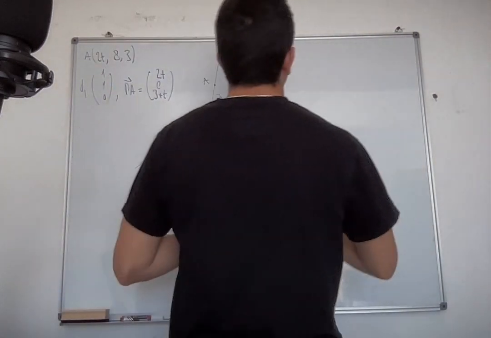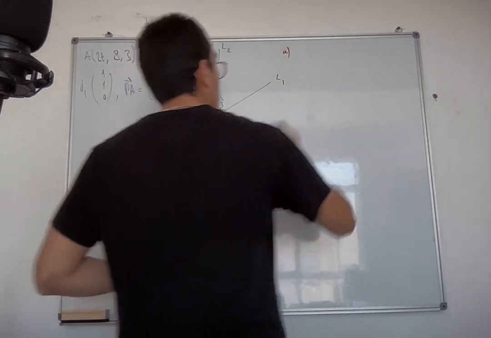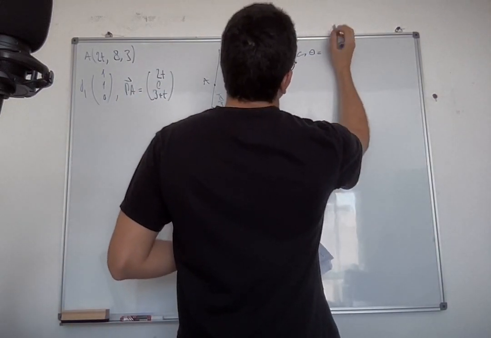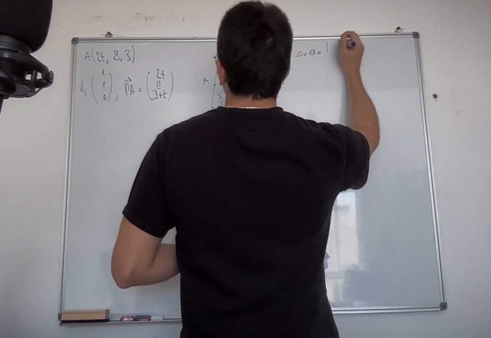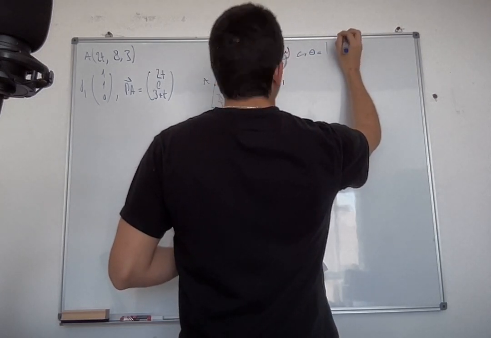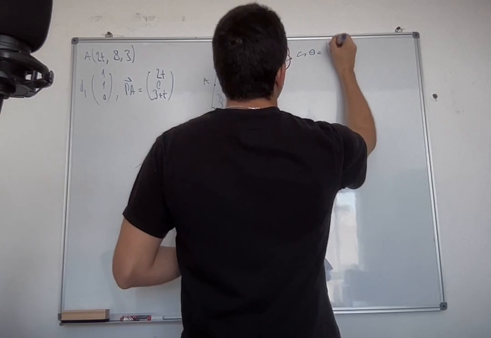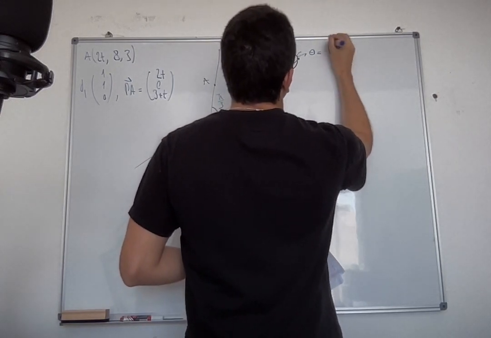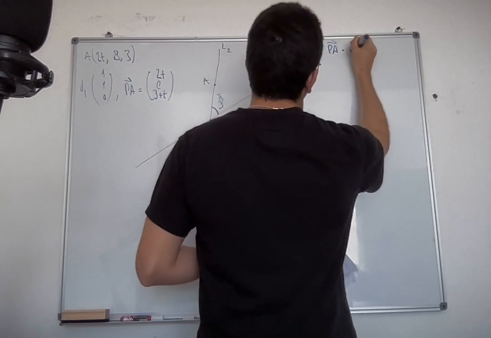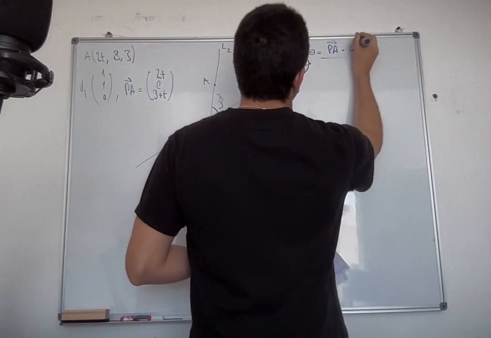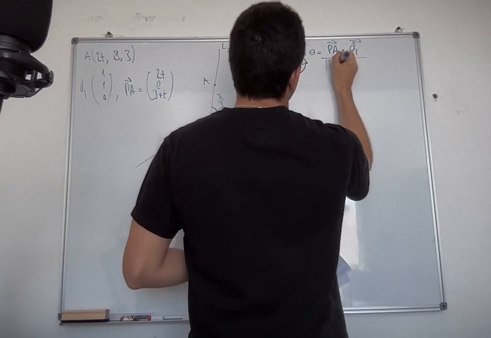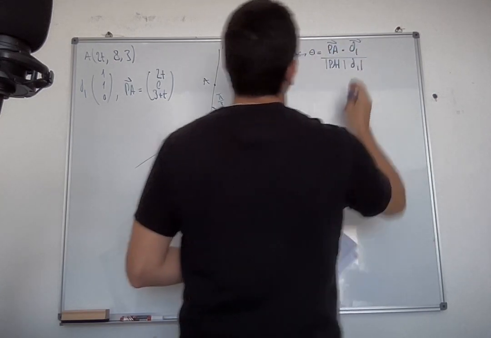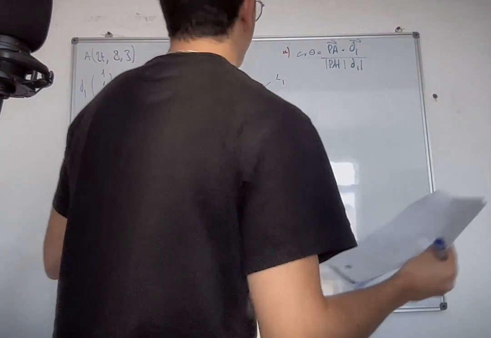We can use the formula: cosine of theta is equal to the dot product of PA and D1 over the magnitude of PA times the magnitude of D1. So why PA and why D1?